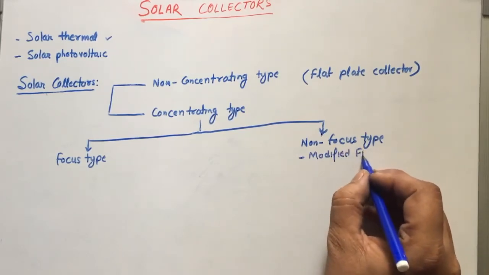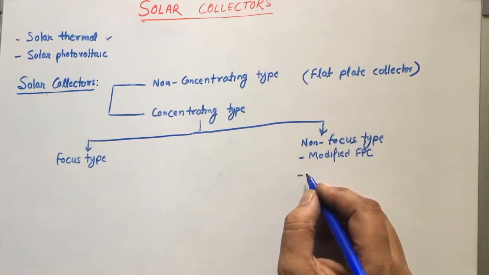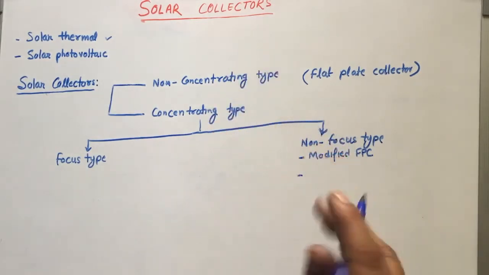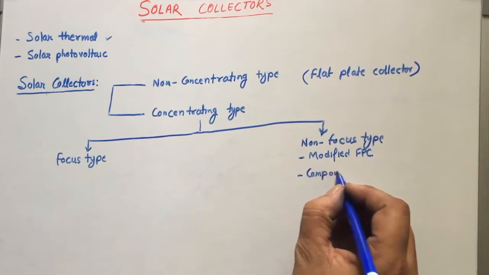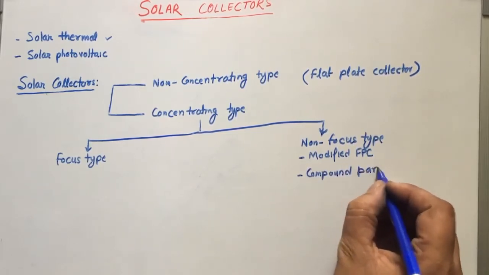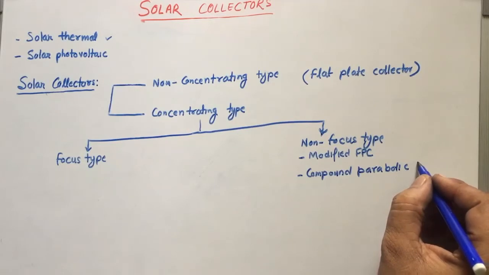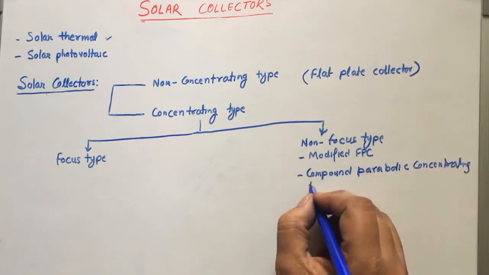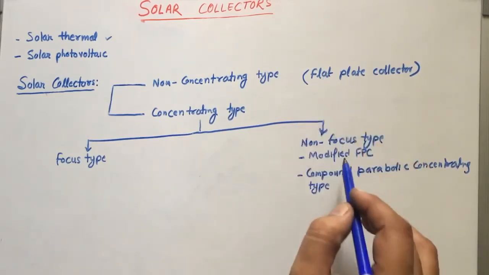Further, in this category another collector is there, known as compound parabolic concentrating type, which is a further modification.